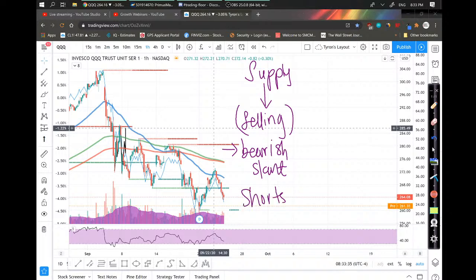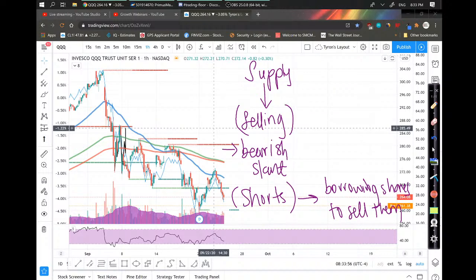Now, an important thing about shorts. When people say I'm going to short the market, what does that actually mean? Well, a short is borrowing shares to sell them.